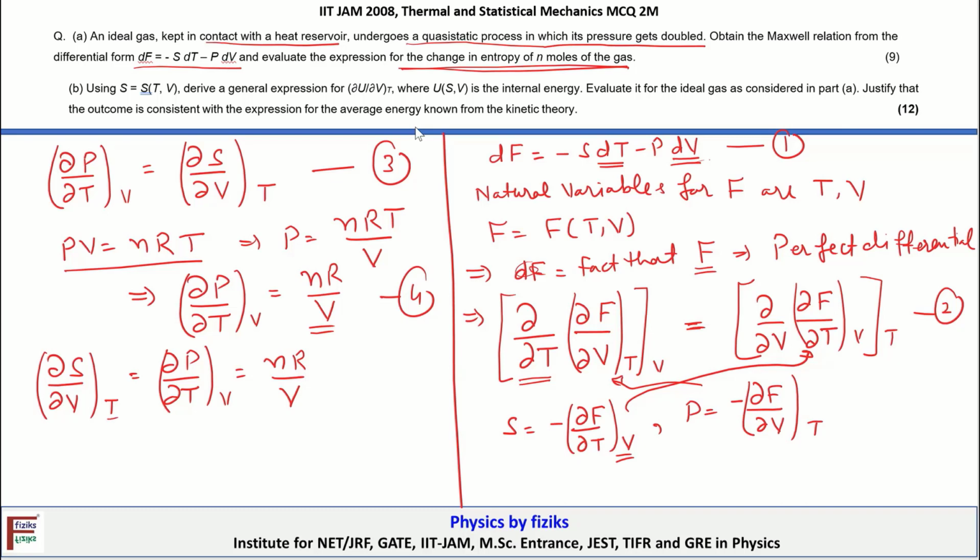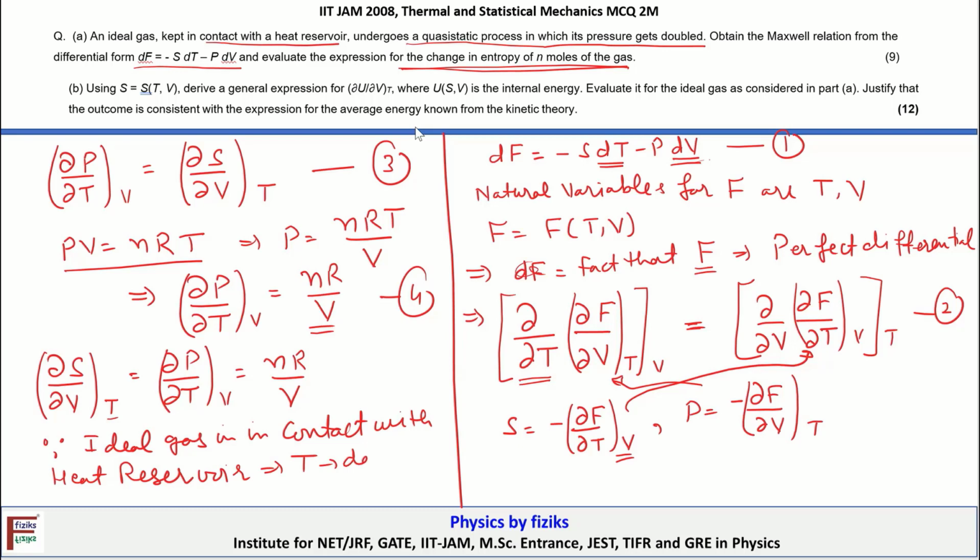Now the ideal gas is also in contact with a heat reservoir, so that means the temperature doesn't change.